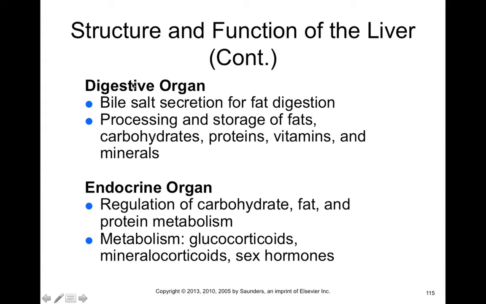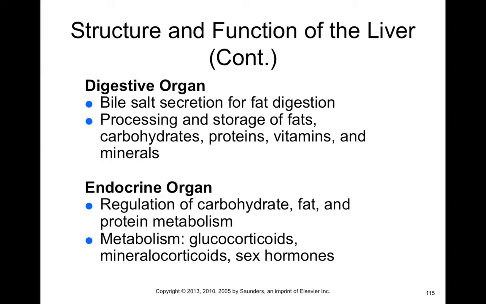Now, as a digestive organ, the liver is involved in synthesizing and secreting bile salts, which are involved with fat digestion. Now, the reason why we need bile salts for fat digestion is that fats are hydrophobic, which basically means they don't like to dissolve in water. So in the watery environment of the food that you've ingested, fats like to separate from the rest of that food, and they're going to separate into larger globules that have less surface area.